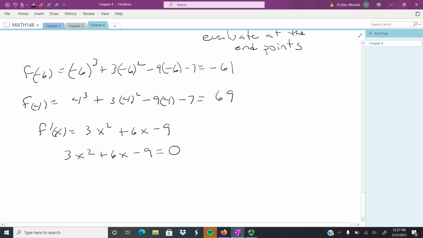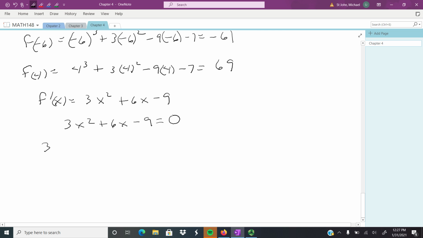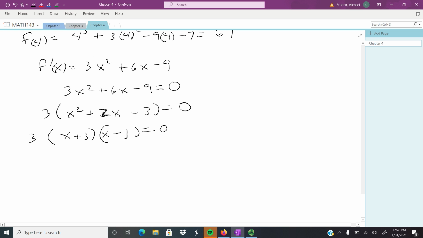All right. And then let's see, we can factor 3 out. So x squared plus 2x minus 3. And so this is going to give me x plus 3 and x minus 1 when I factor. And then, of course, either x plus 3 is equal to 0 or the x minus 1 is equal to 0.